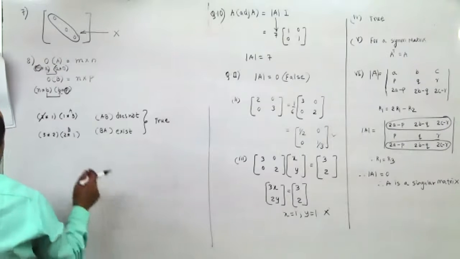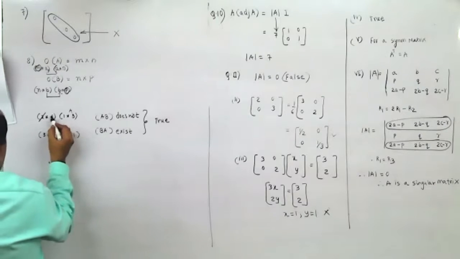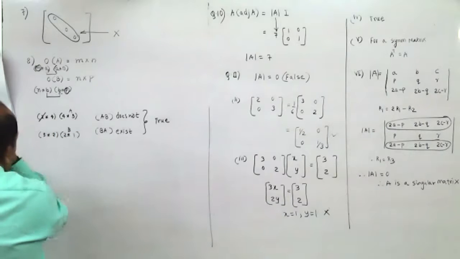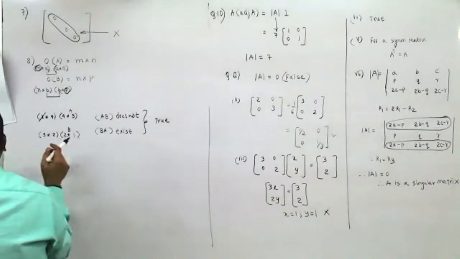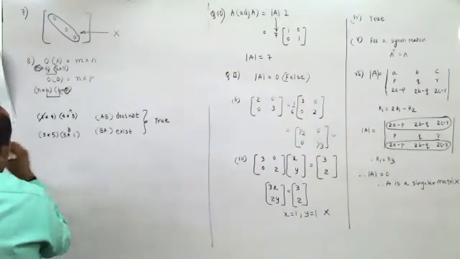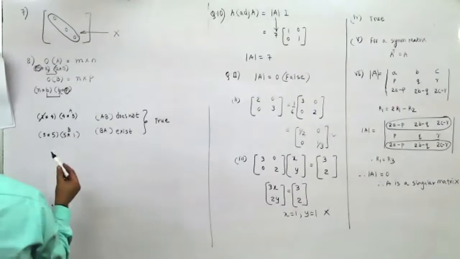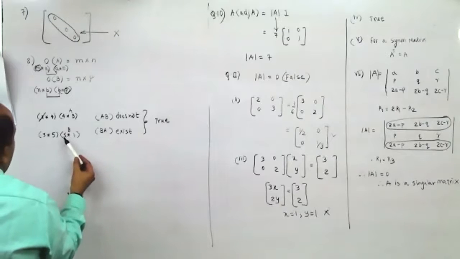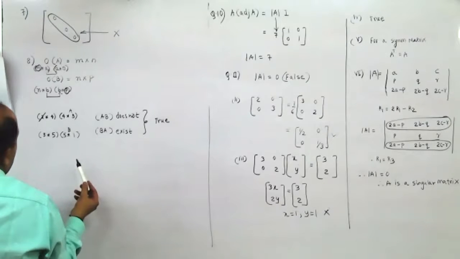No, wait, I'll do one thing. I'll write this as 4, 4, I'll say this is 5 and 5. In that case, BA, does it exist?